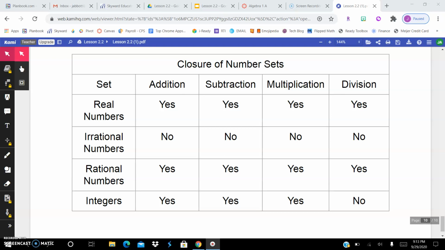And integers will be closed for addition, subtraction, and multiplication, but integers will not be closed for division. Okay, so that's kind of a cheat sheet if it's just a set of all real numbers or just a set of all irrational numbers. It's not specific numbers that they're giving you. This is kind of going to help you out and fast track you through that work.